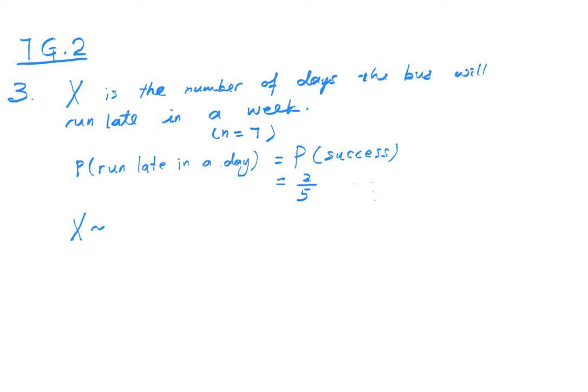Then the second criteria: for each day, there are 2 possible outcomes. That is, the bus runs late, that is called success, or the bus doesn't run late, that is a failure. So your success and your failure always go hand in hand with what the question wants you to do. Correct? So you have to define properly.